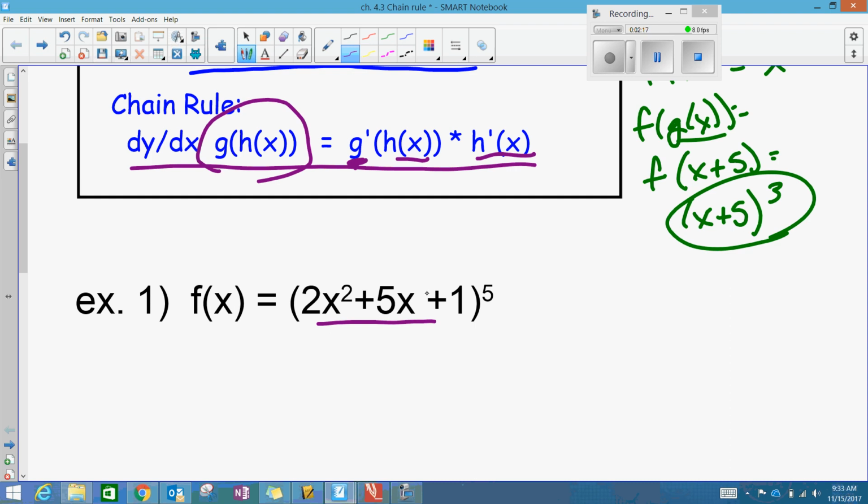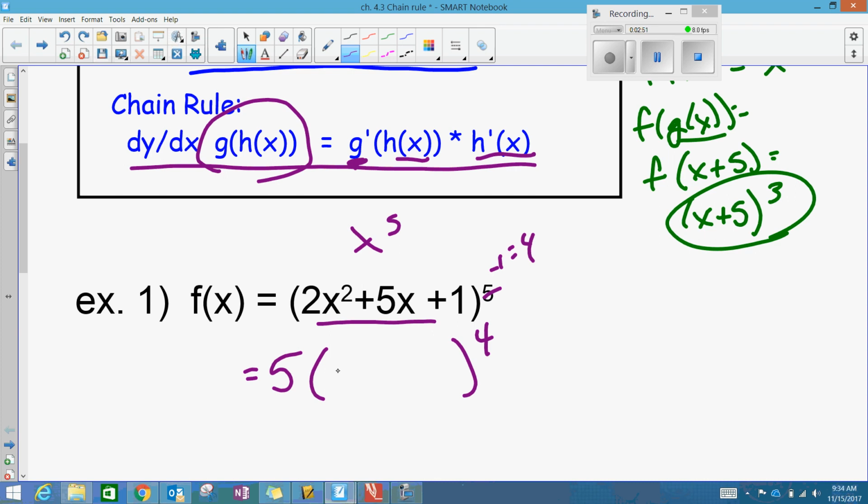So again, if we think about the outside function here, we could think about the outside function as x to the 5th, if we thought about all of this as an x to the 5th power. So to take the derivative of x to the 5th, we would take 5 times x to the 4th, subtracting 1 from our exponent. Now we do that exact same thing with this function.